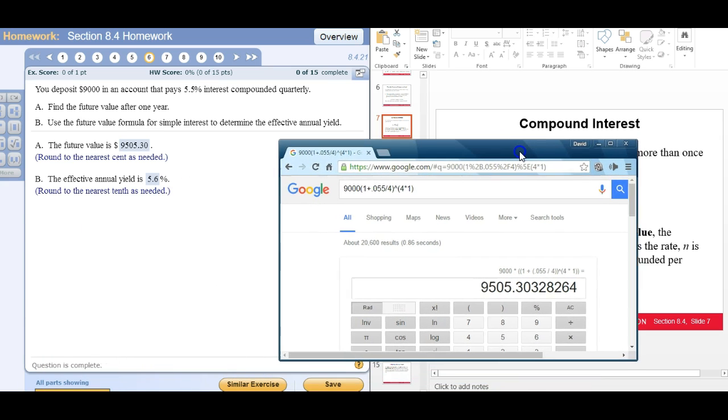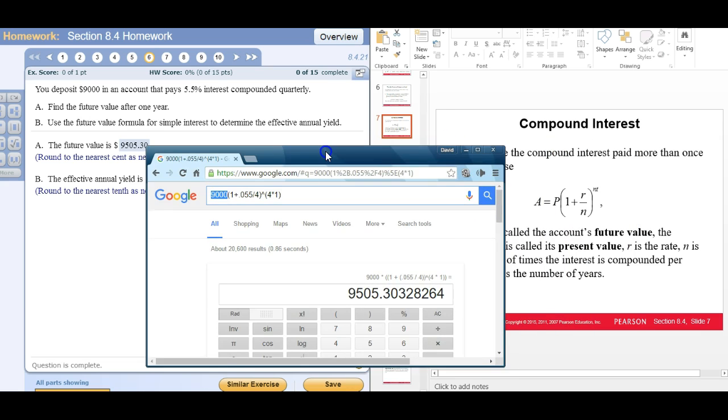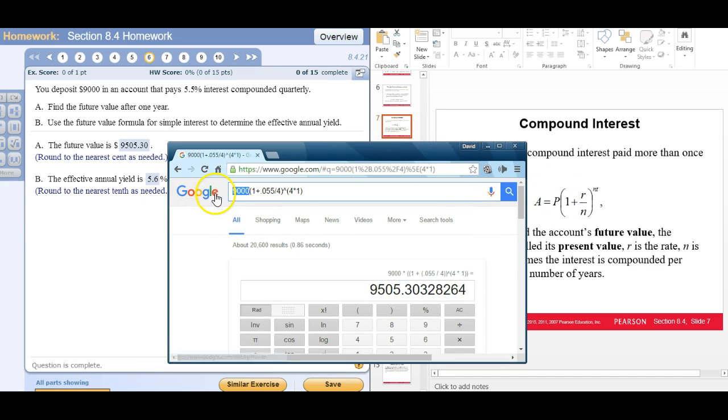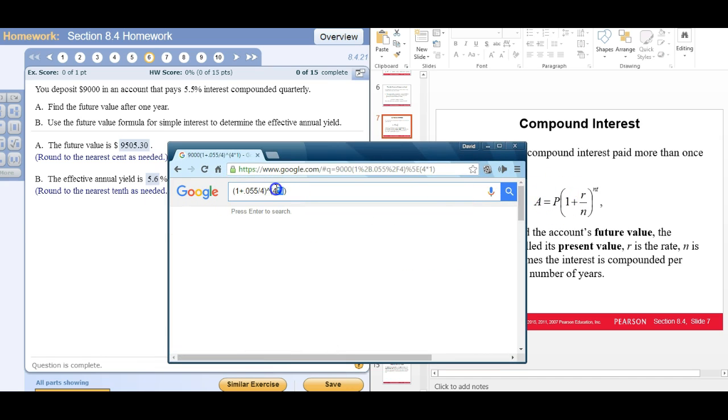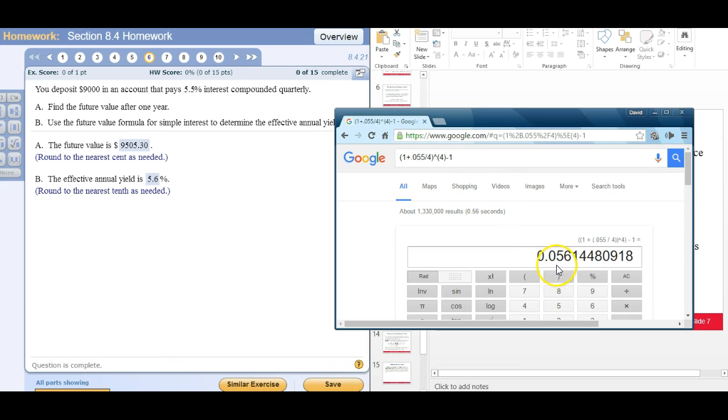Alright, and then the effective annual yield. All you have to do for yield is take off P from the formula, so I'm taking away P, taking away T. To do that, you're going to subtract that from 1, or subtract 1 from that. That'll give you the percent as a decimal, and then you move 2 places to the right, remember, to get a percent.